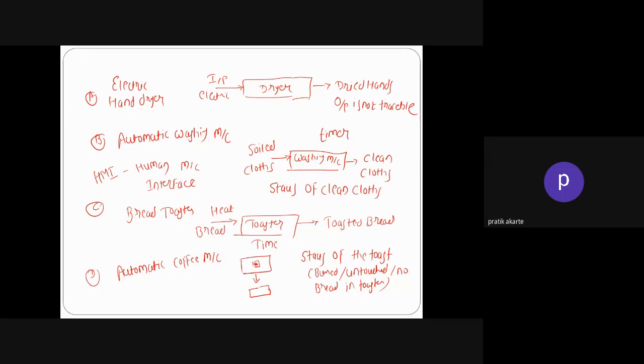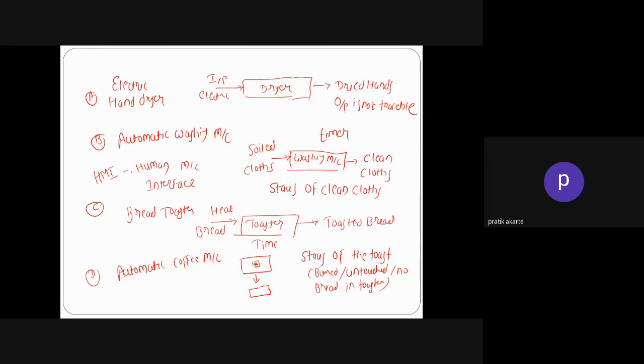So over here, whenever the human machine interface operates, the open loop control system can be used conveniently. So that is why we are using it. Please note that if I am saying that these open loop control systems are hopeless, then why are we using them?